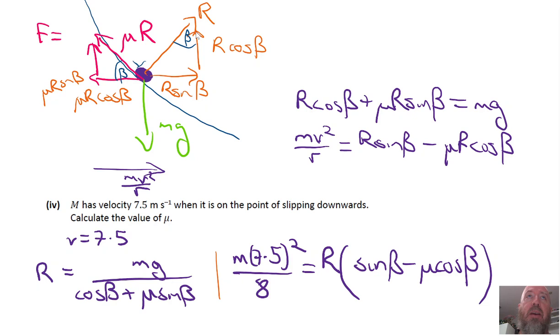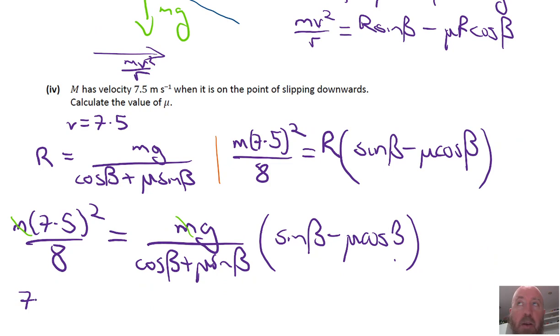Now we need to rearrange stuff, so I'm actually going to do the 7.5 squared over 8 just to get that number. 7.5 squared divided by 8 is 7.03125, and then we're going to move the g and the cos beta plus mu sine beta over.